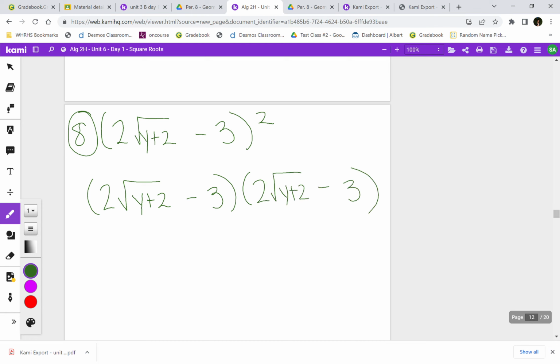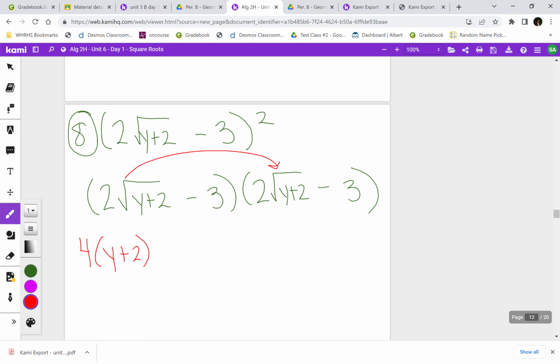Okay, so let's do this. Don't be intimidated. 2 root y plus 2 times 2 root y plus 2. 2 times 2 is 4. Root y plus 2 times root y plus 2 is? Do I need parentheses around there? Yes. Did I lose anybody with this? I need you to speak up if at any point I lose you.